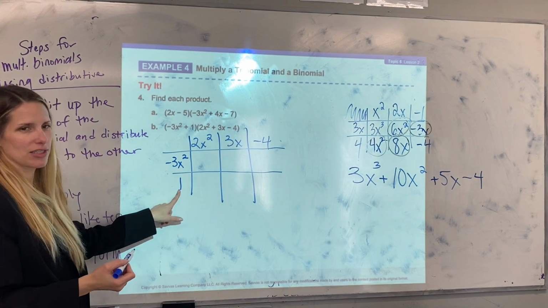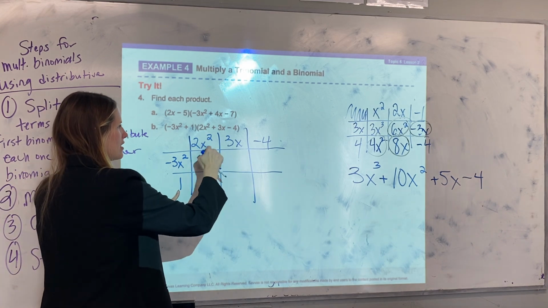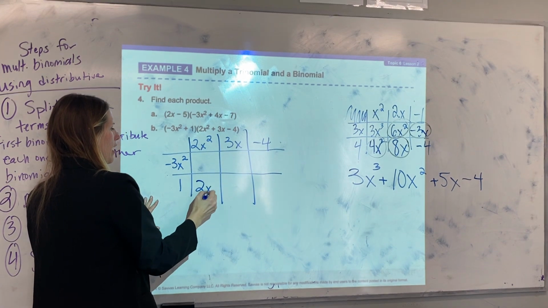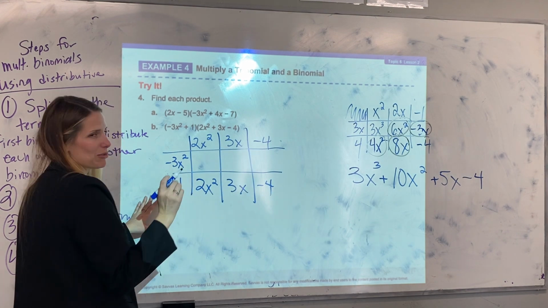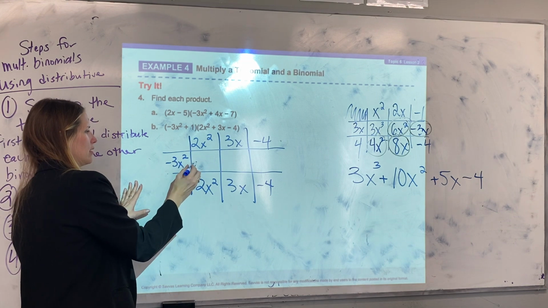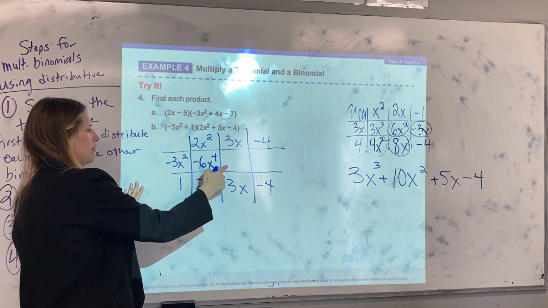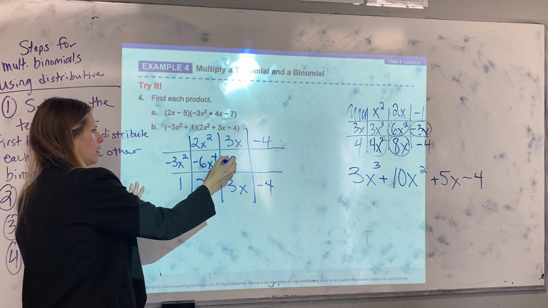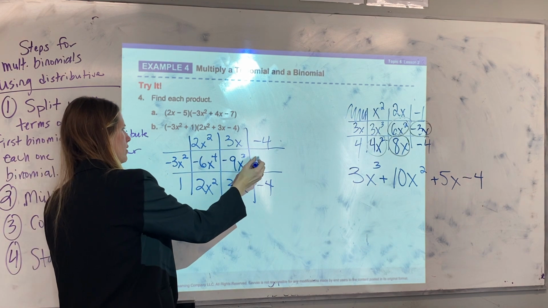I love when there's a positive 1 because that means that this whole row is this row. 2x squared, 3x, and negative 4 because they're all being multiplied times 1. So they stay the same. Up here we have? Negative 6x to the power of 4. Then we have? Negative 9x cubed.